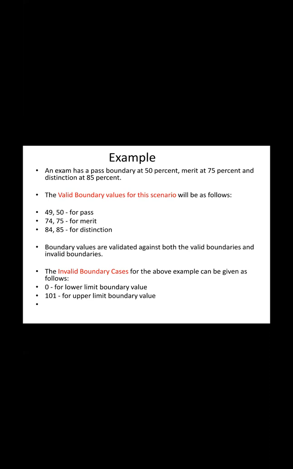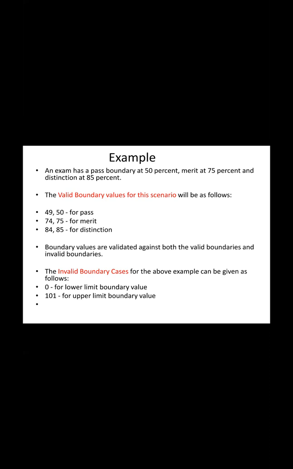The valid boundary values for this scenario will be 49 to 50. If the student gets 49 or 50 marks, he passes. If he gets 74 or 75, he is in the first class or merit list. And if he gets 84 or 85, he is in the first class with distinction. So that is the constraint.